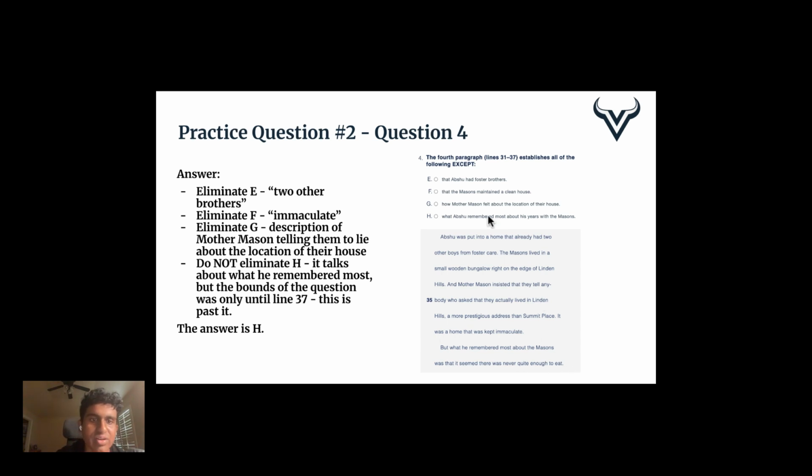Because all four of the answer choices might now be eliminated. But you shouldn't eliminate H because remember the bounds. This is 35, this is 36, and this is 37. So only past line 37 does it answer this question. So you don't eliminate H because the answer to this question was past it. So the answer is H.